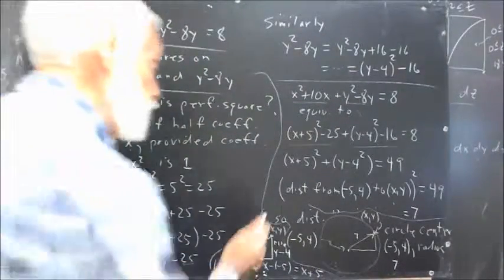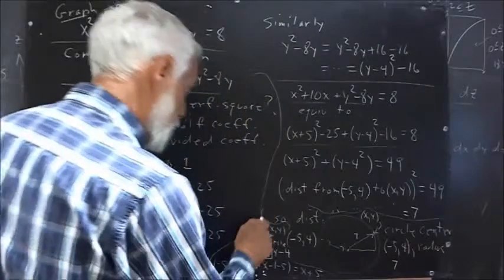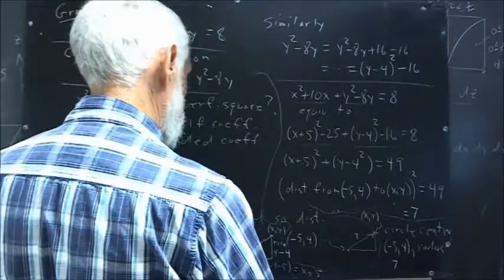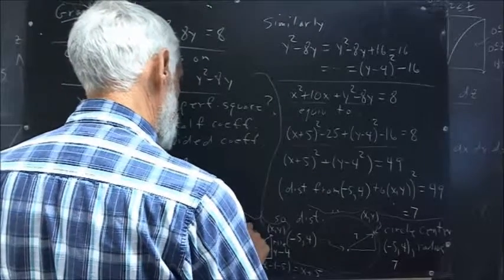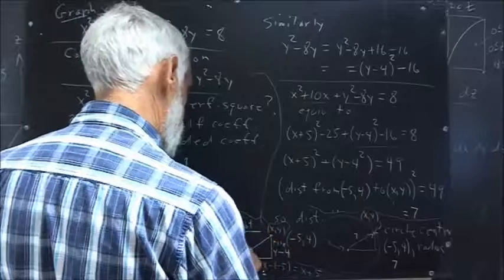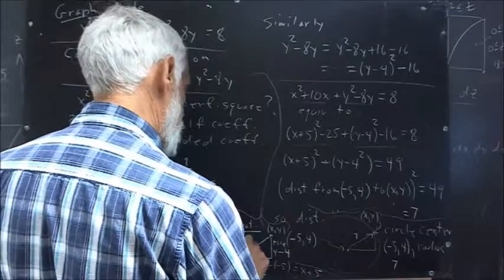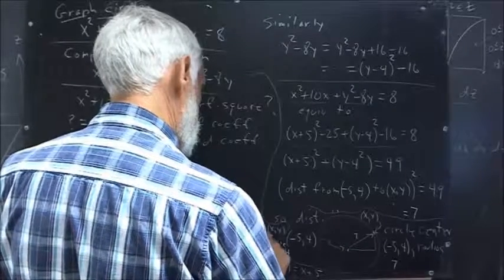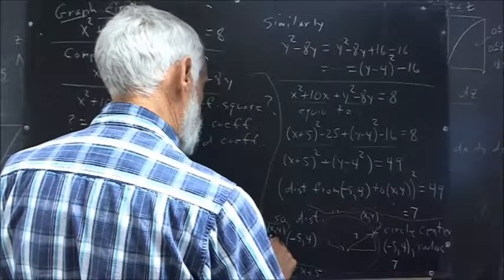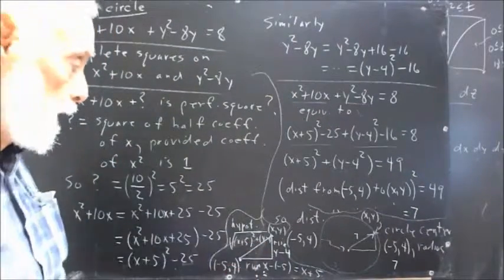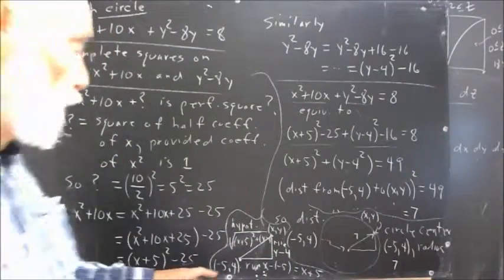So the hypotenuse, I'm going to have to grab a little more room up here, is the square root of x plus 5 squared plus y minus 4 squared. Bad planning here. You probably can't read what I wrote there, but you should be able to work that out.